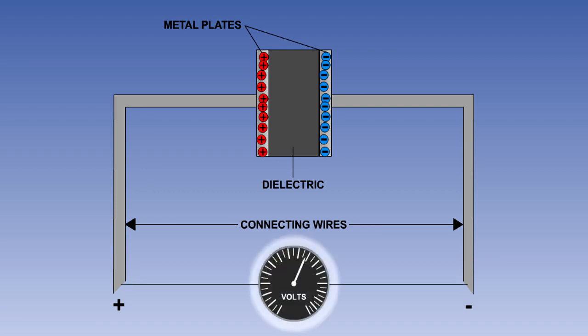The potential difference between the plates is at its maximum, and the capacitor is now fully charged, its voltage being equal to the input voltage.